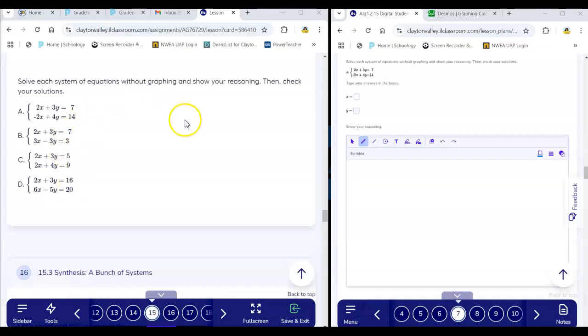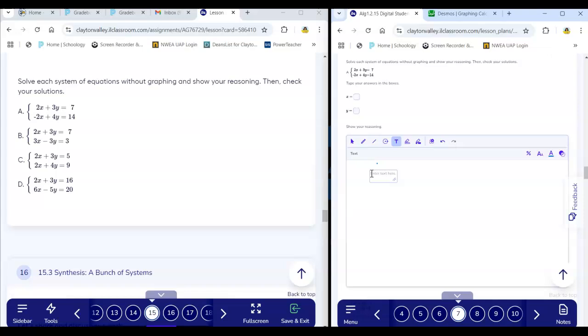If you look at this system, you can see you've got a positive 2x and a negative 2x. So when you add these 2 equations together, you're going to cancel out your x's, which is going to make it pretty easy to solve. Let's see what happens.